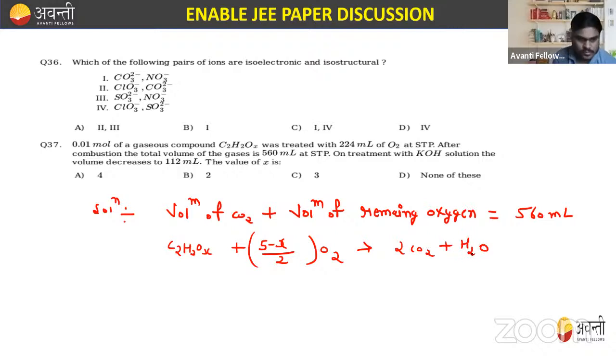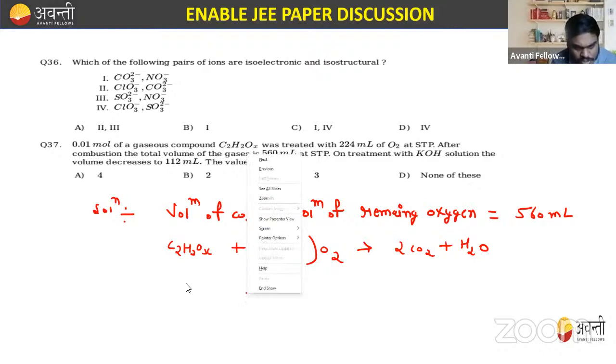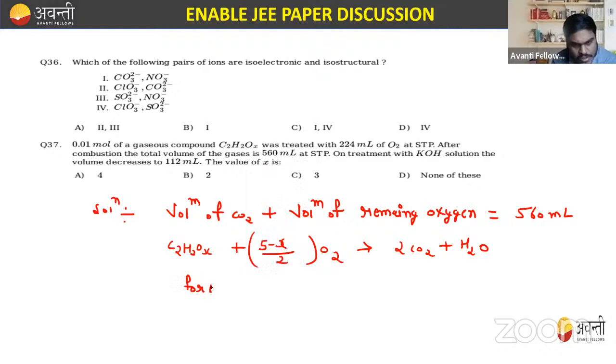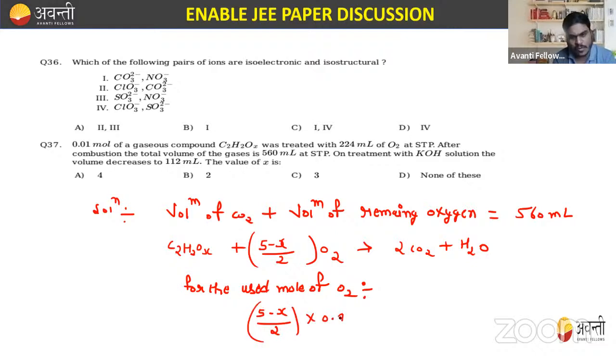Now, according to the question, what is given is 0.01 mole, that is for the used mole of O2. For the used mole of O2, this will be (5 minus X)/2 into 0.1 is equal to what, beta? 0.01/2.